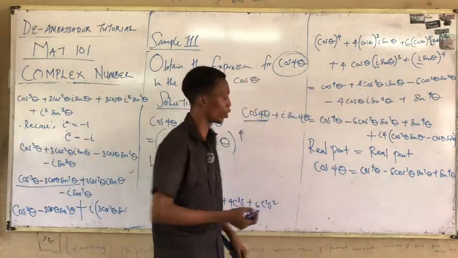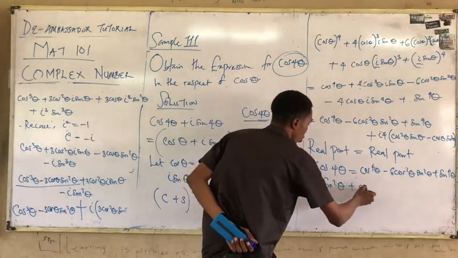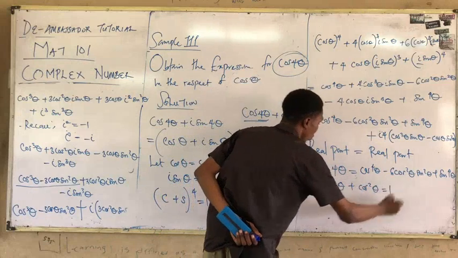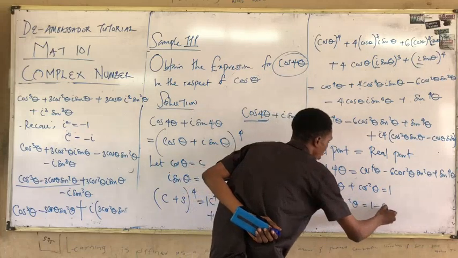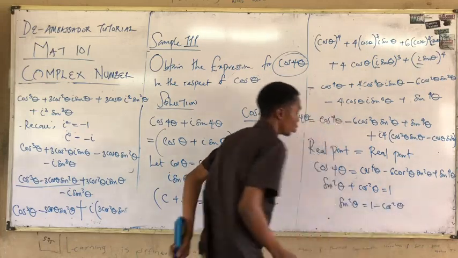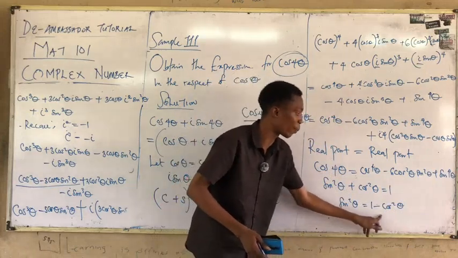Recall in trigonometry that sine square theta plus cos square theta equals 1. So I can say sine square theta is equal to 1 minus cos square theta. So any place I see sine square theta, what will I put there?